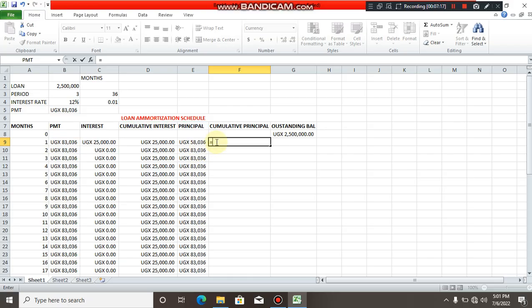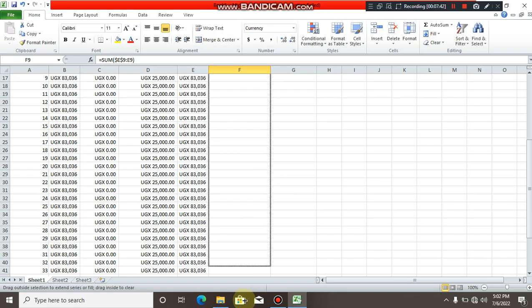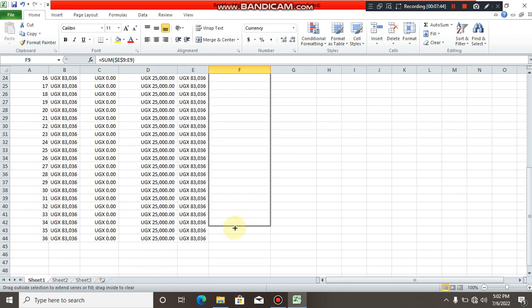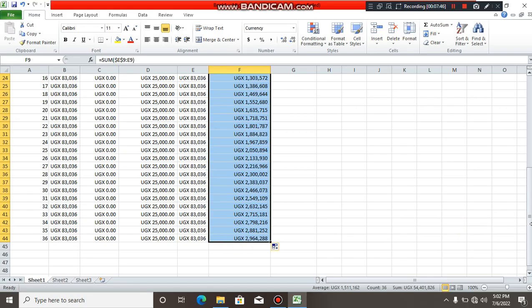So it will be sum, you open bracket, this figure, then you put a colon. I want the first one to be the same way, so I'm going to lock it. We go up to the 36th month.